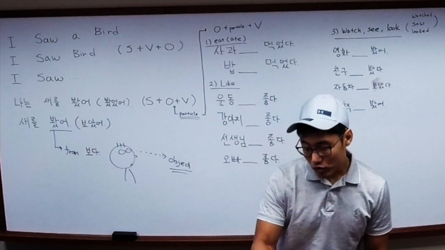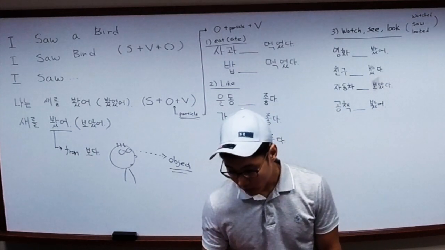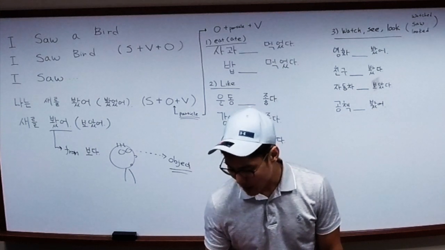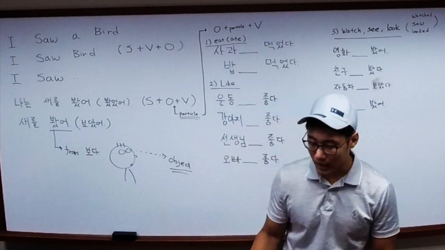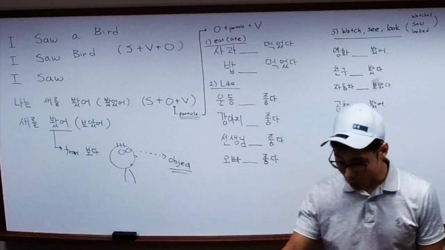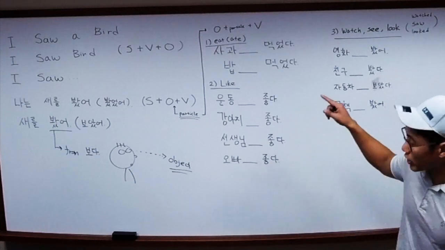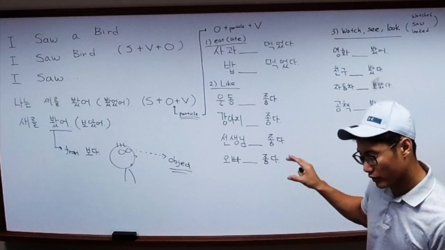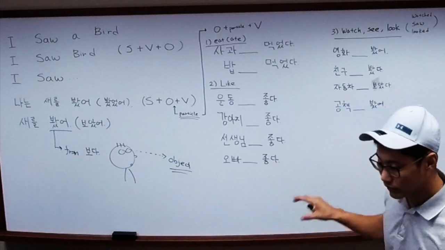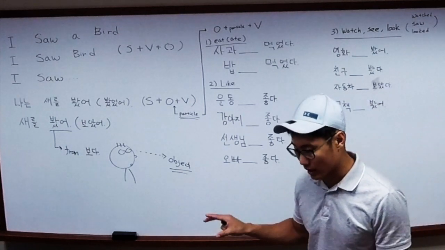But when you describe the apple, like this apple is so pretty, or this apple looks so delicious, then we go with 사과는. But I'm going to cover that in the next class. Today we're just going over the proper particles for objects, not the subject.